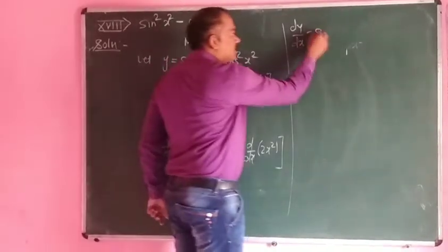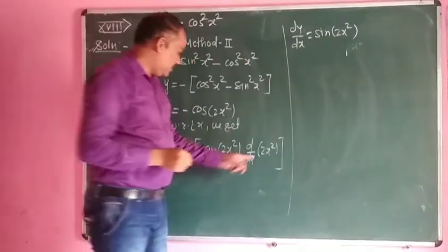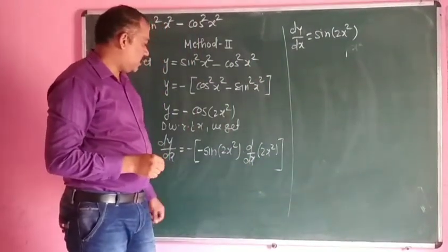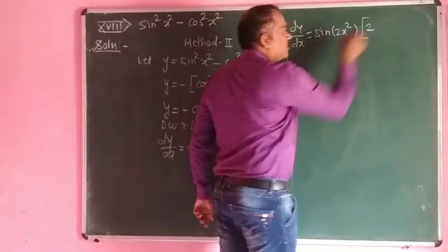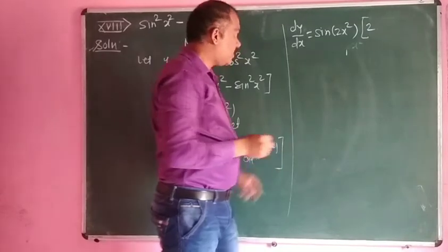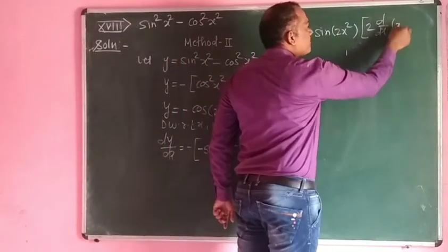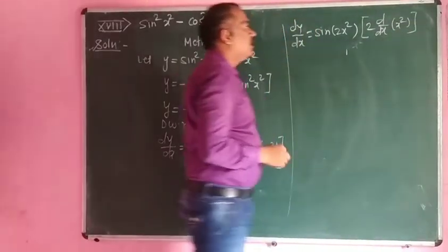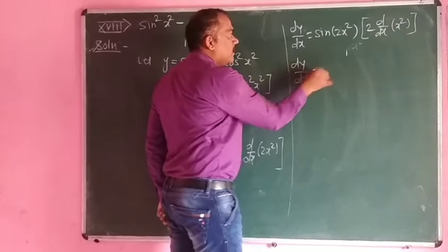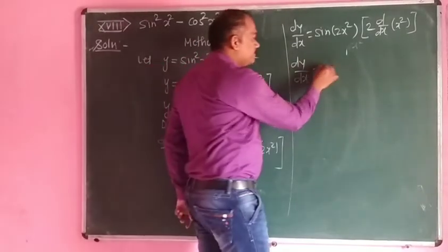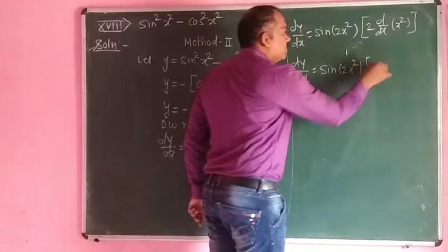sin of 2x square into, what is the derivative of 2x square? Here 2 is a constant, so we take it outside. Now we take the derivative of x square, that is d dx of x square. So dy by dx is equal to sin of 2x square into 2 as it is.